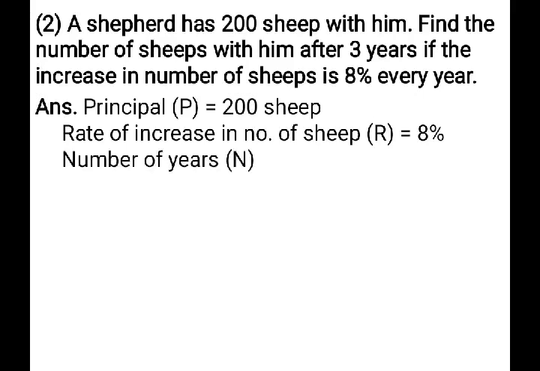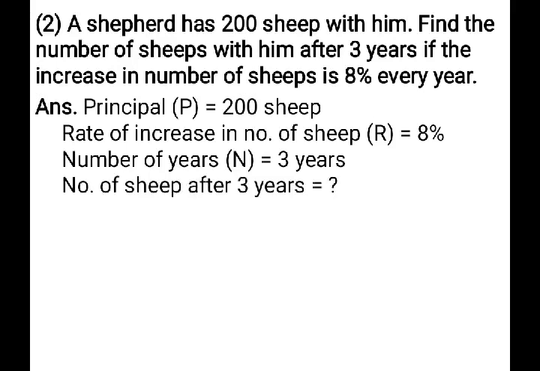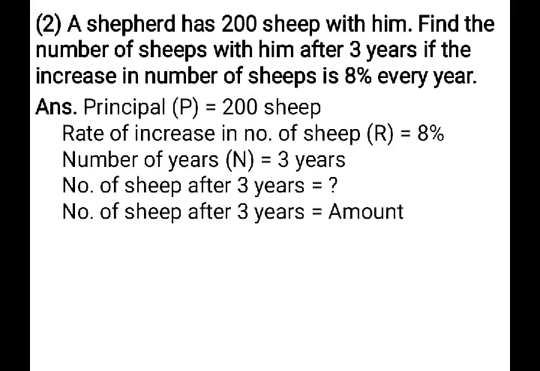Number of years N is equal to 3 years. You have to find the number of sheep after 3 years. The number of sheep after 3 years is equal to the amount. You have to use the formula of amount of compound interest now, and then we will get the answer of the number of sheep after 3 years.